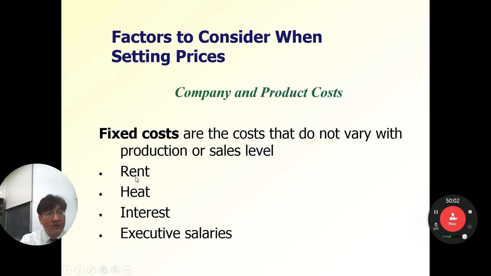For example, rent. Suppose you rent a factory. You need to pay the rent, and it doesn't matter whether you make 100 units or 1,000 units in that factory. Your rent does not vary with your production level. The heat is the same thing.